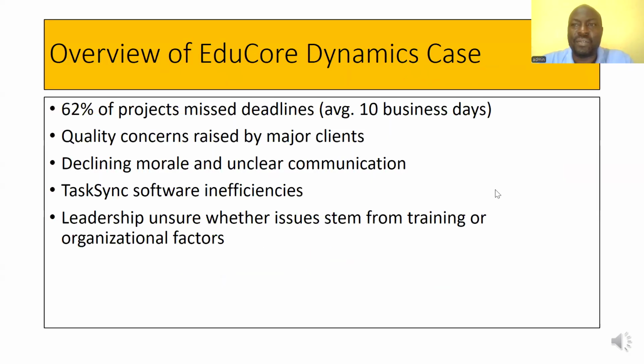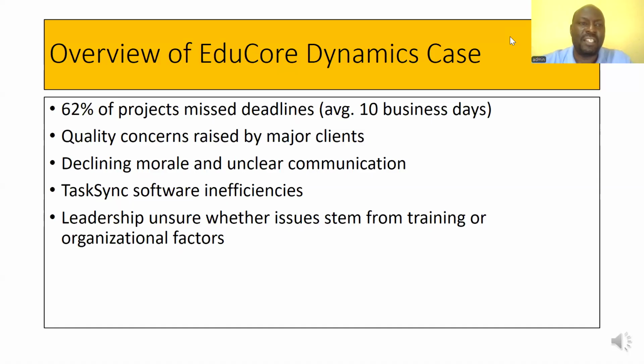I have been consulted by EduCore Dynamics to do a needs assessment of the problems that they are really having. From the case provided, we see that 62% of the projects have missed deadlines.